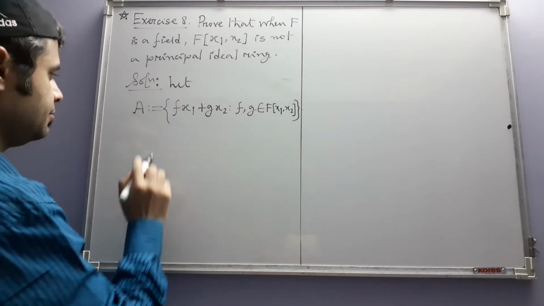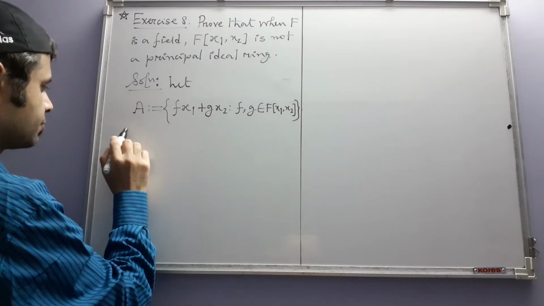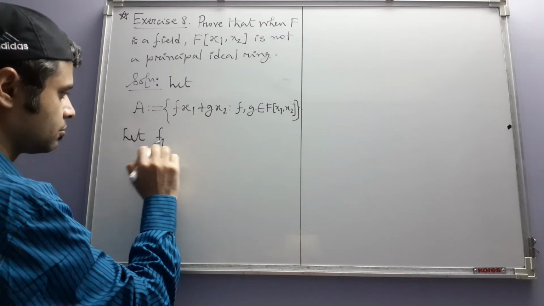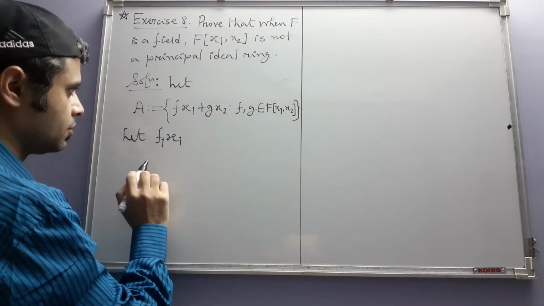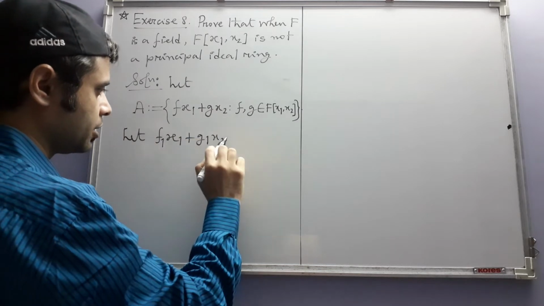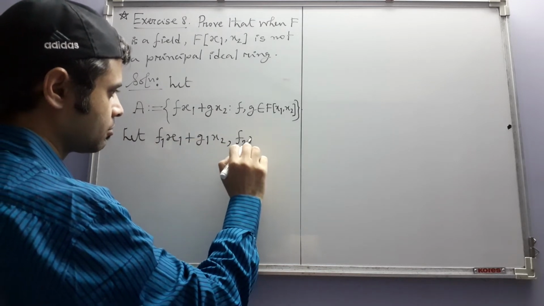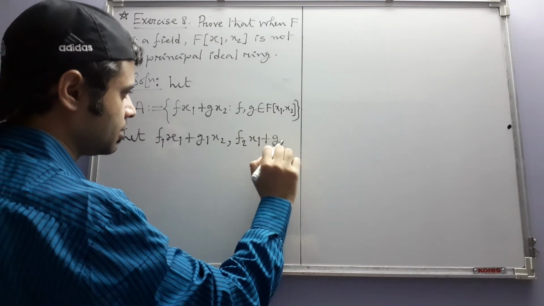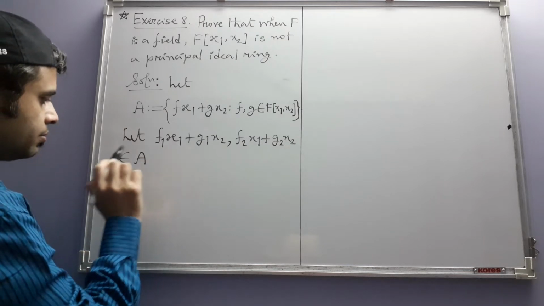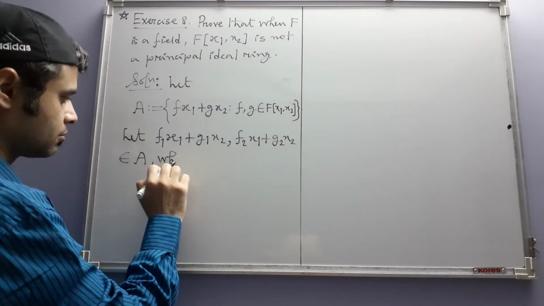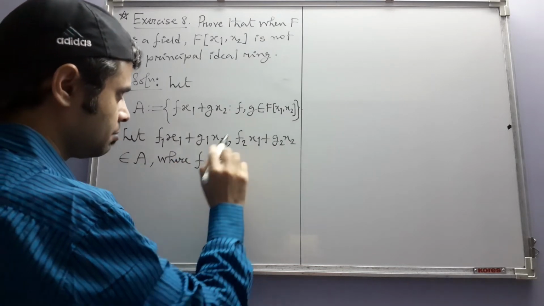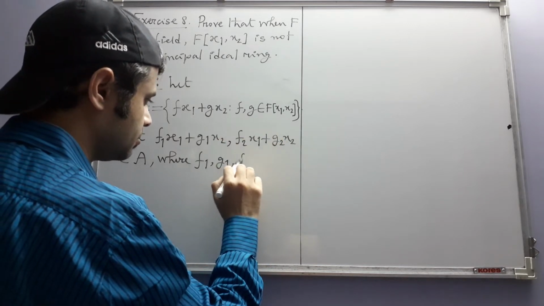Clearly A is non-empty, so we are not going to mention that. Let f1 x1 plus g1 x2 and f2 x1 plus g2 x2 be two elements in A, where these are polynomials in the general ring.